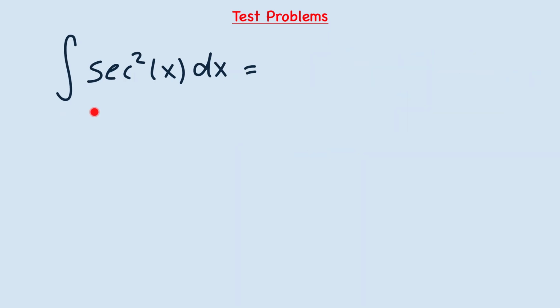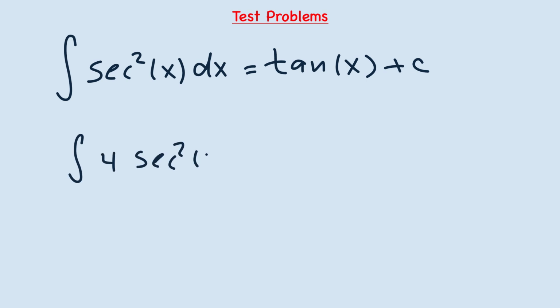Now, what about the integral of secant square x dx? The integration of secant square is simply tan x plus c. So, for example, if you have the integral of 4 secant square 2x dx.